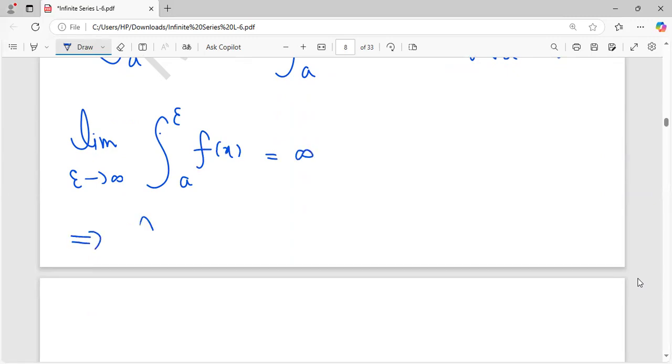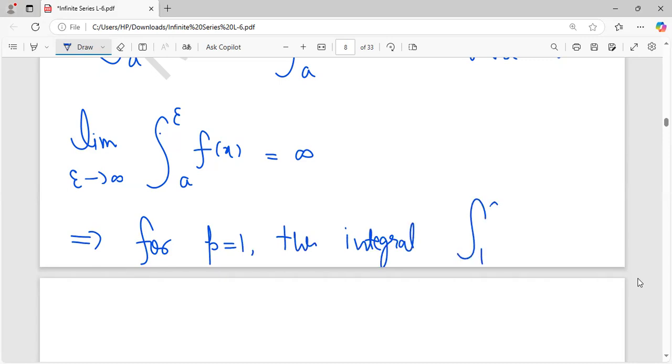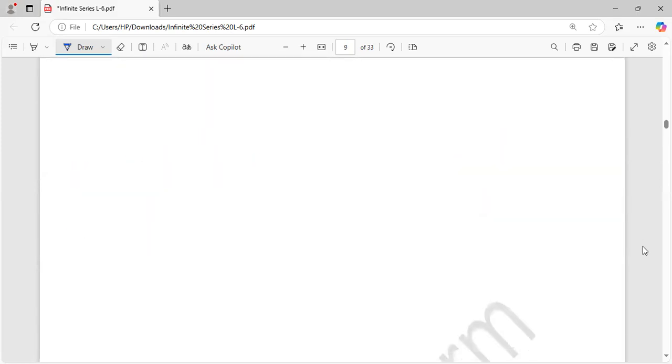So this implies for p is equal to 1, the integral 1 to infinity f(x) dx is divergent by integral test.